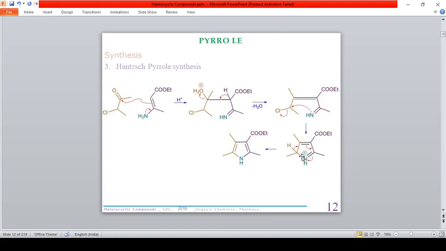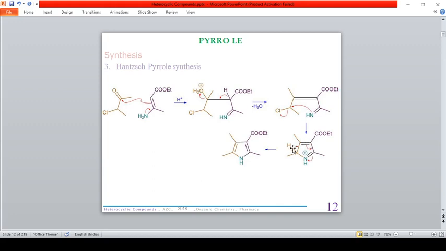Now the bond is formed, but the problem is this nitrogen atom is again positively charged. So in order to facilitate that, a proton will be released from here, and this double bond will be cleaved.